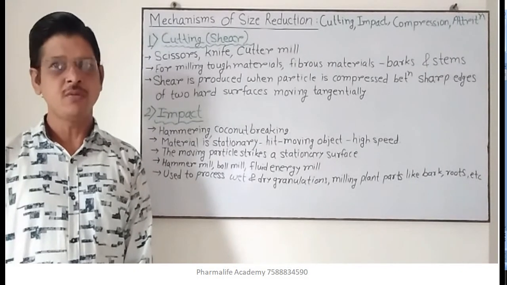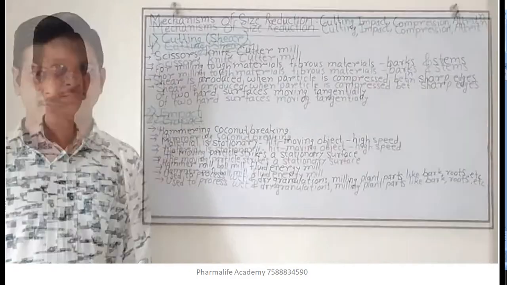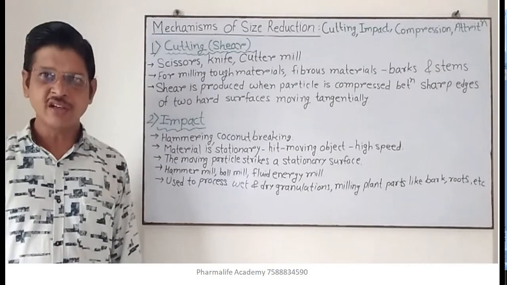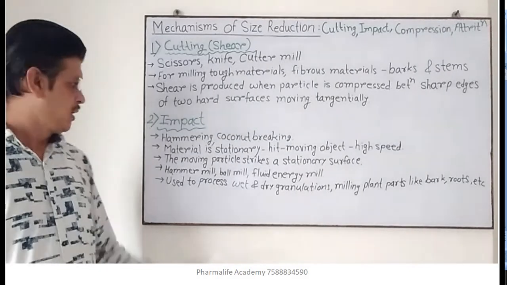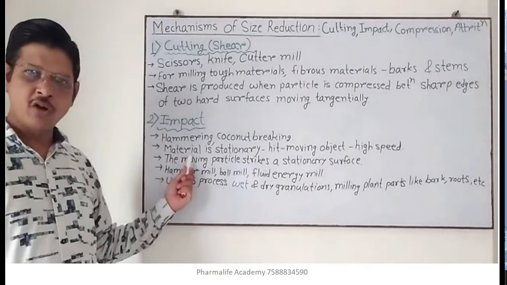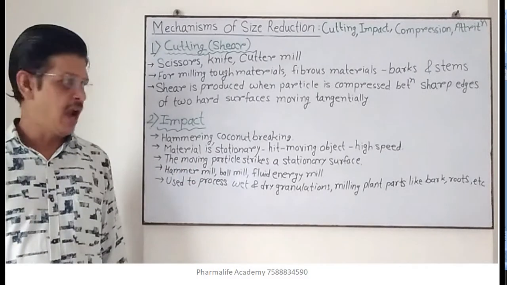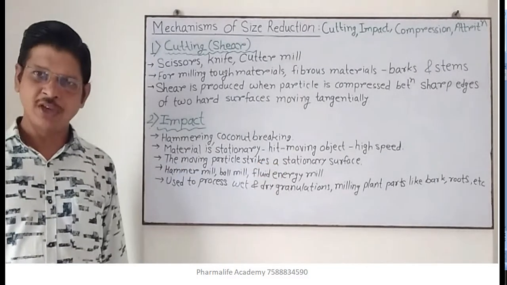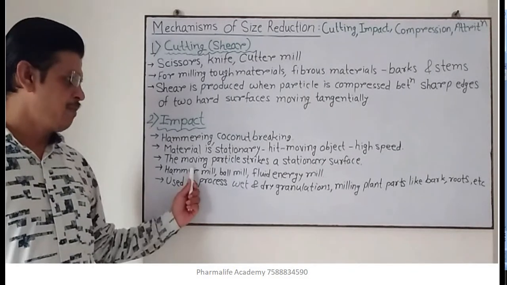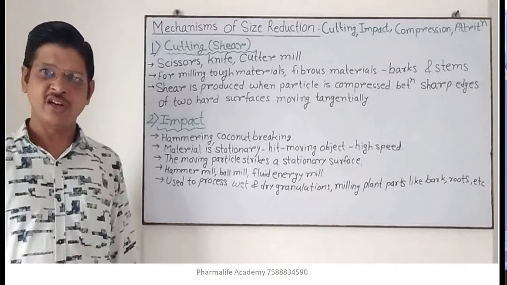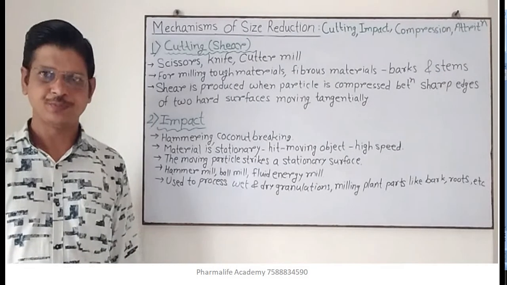That is also by impact mechanism. The size reduction by impact takes place when material is more or less stationary and is hit by a moving object at high speed, or the moving particle strikes a stationary surface.